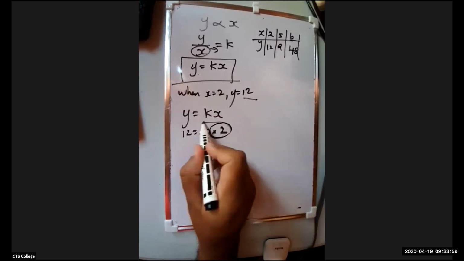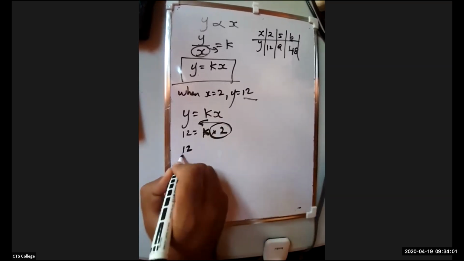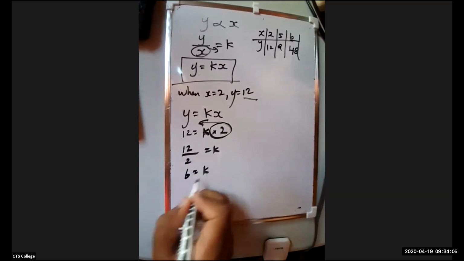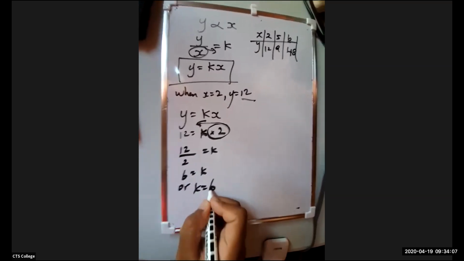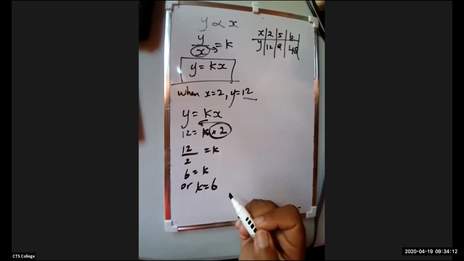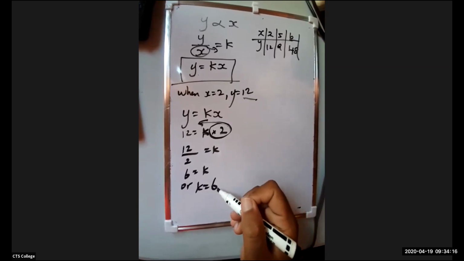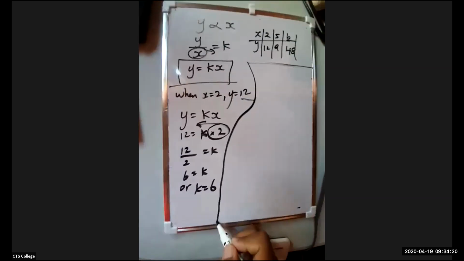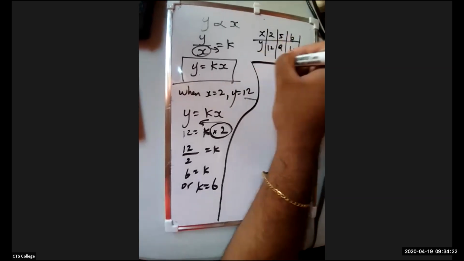So we take this and we carry it across. 12 over 2 is equal to k, 6 is equal to k, or we can say k is equal to 6. So the constant is 6. Everybody okay so far? K is the constant of variation. Now that we know that, we can use it to figure out the rest.